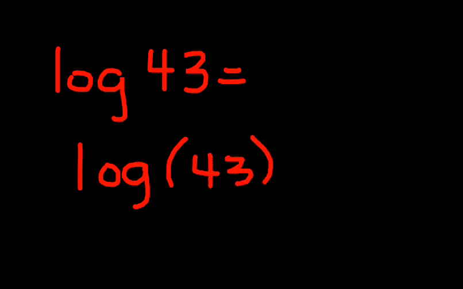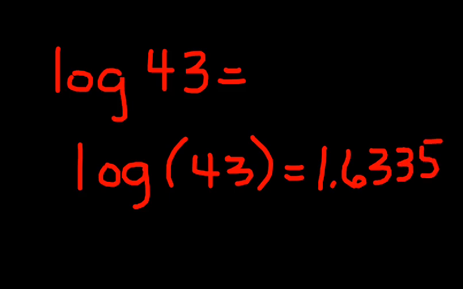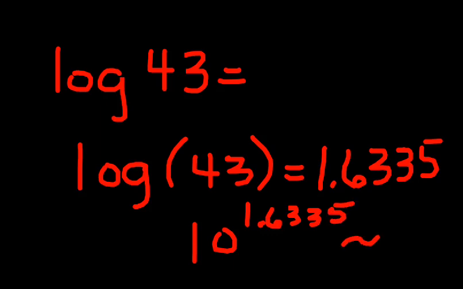Close our parentheses, press our enter key, and then we'll be able to find the log of 43, which is actually equal to 1.6335 if we round it, meaning that 10 to the 1.6335 power is approximately 43. Could be a little bit off because of rounding error. The more decimal places you keep, the more accurate the log will actually be.